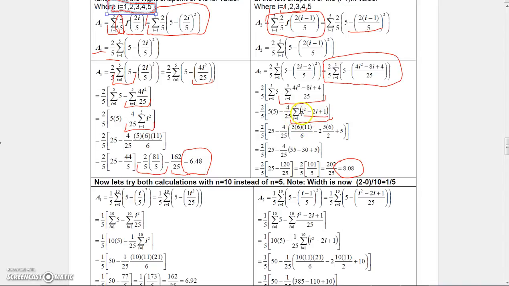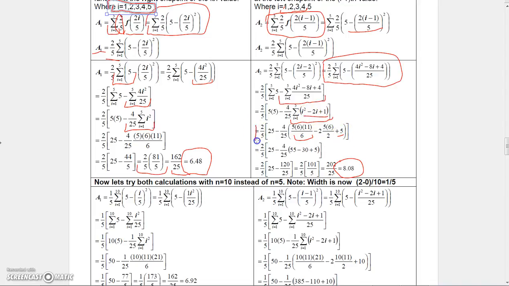Well, the sum of i squared, like before, is 5 times 6 times 11 over 6. The sum of 2i is, the sum of i is 5 times 6 over 2, because remember n is 5. And then the sum of 1, as i goes from 1 to 5, is just 5.